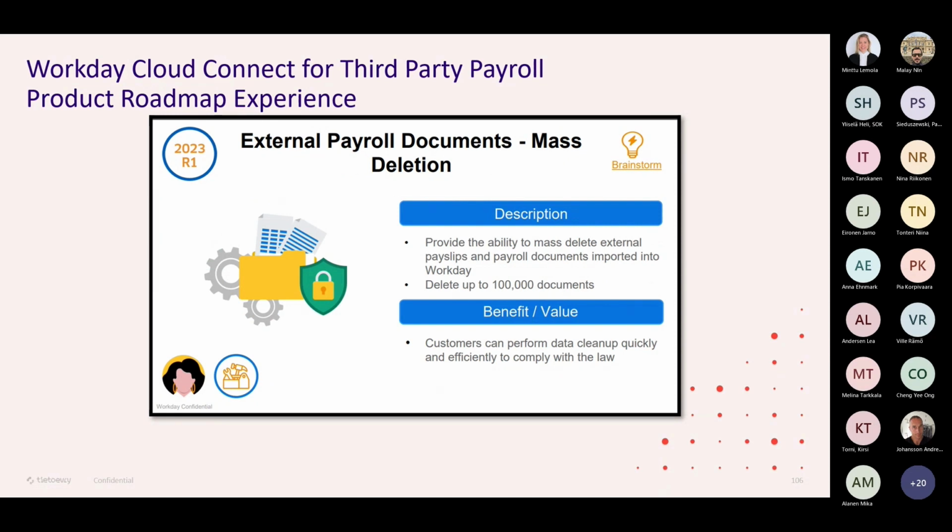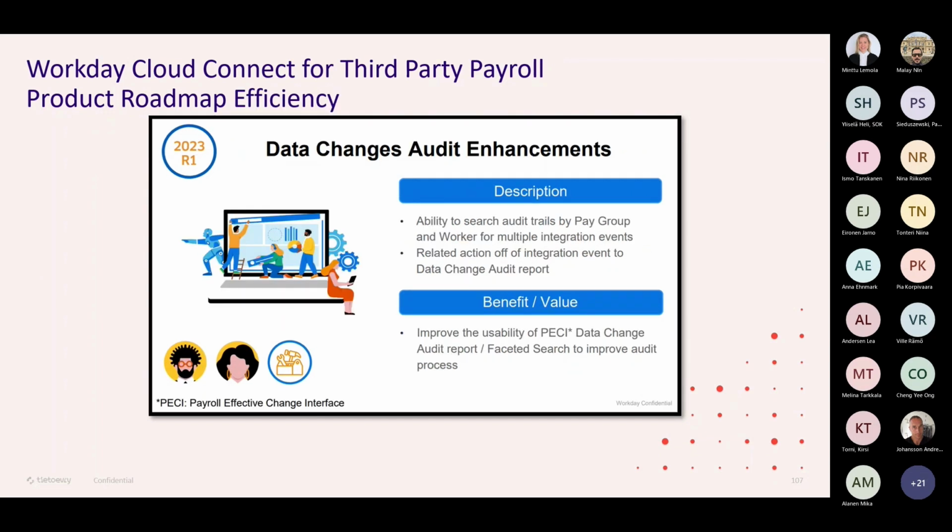The next would be external payroll documents mass deletion. Now we can delete up to 100,000 documents, and this will help us with data cleanup, and it will also increase the efficiency. There have also been changes in the data changes audit enhancement, as we saw in the presentation, that now they have changed the data changes audit file with new filters.